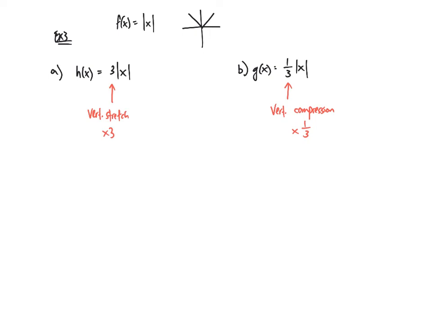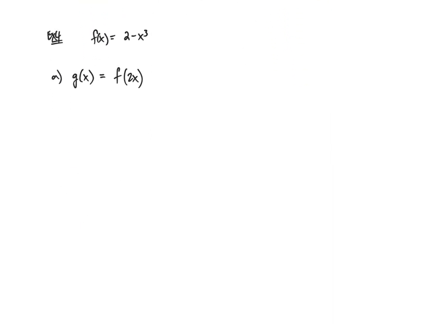And let's just do one more, example 4. So now we're comparing graphs to our original graph they're giving us as 2 minus x cubed. Okay, so they want us to know what happens if you do f of 2x. Okay, so basically this new function g is going to be the same as f, except your input values have a 2 inside with the x.